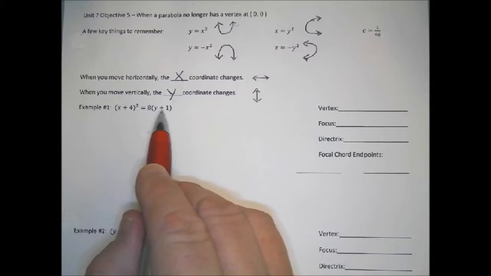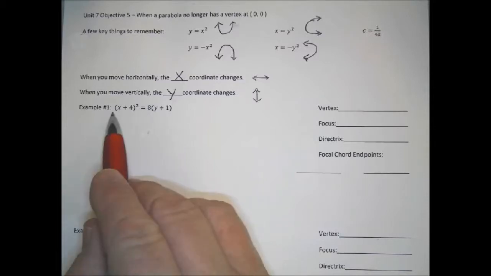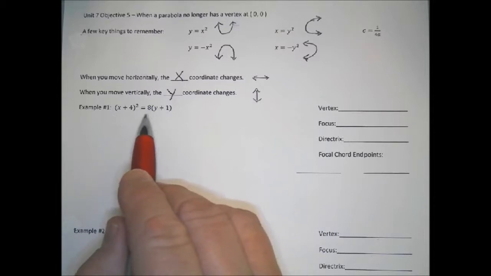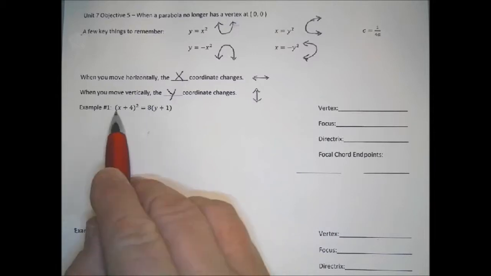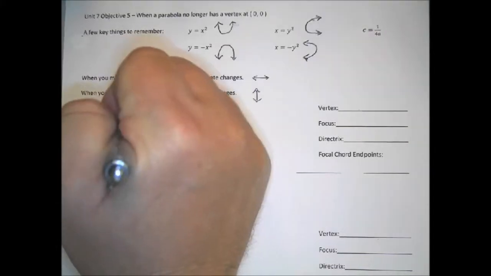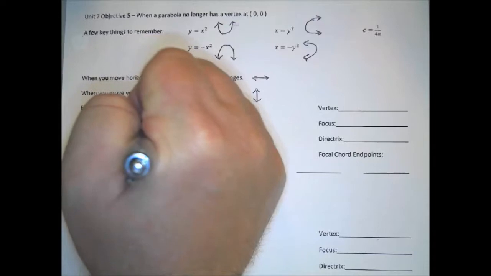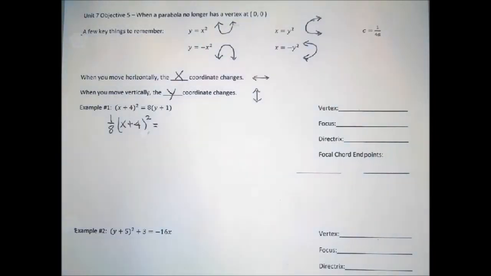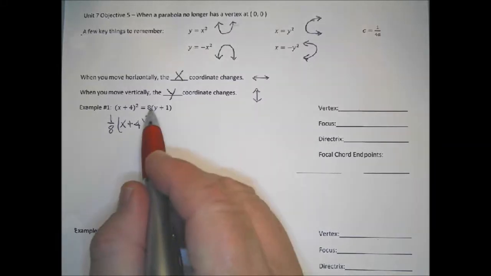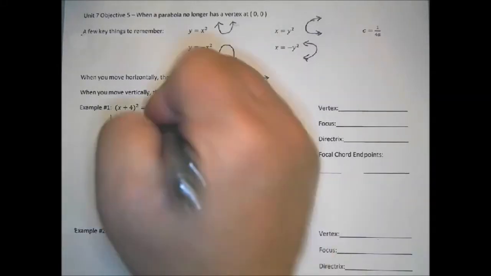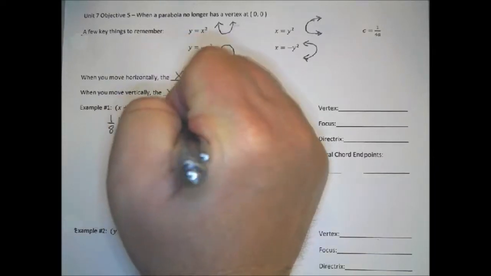I could say divide both sides by 8, but I'm going to say multiply both sides by 1/8. So what you're going to have is 1/8 (x plus 4) squared equals, now that got rid of the 8, really all it did was move it from this side over to that side, and now I have y plus 1.